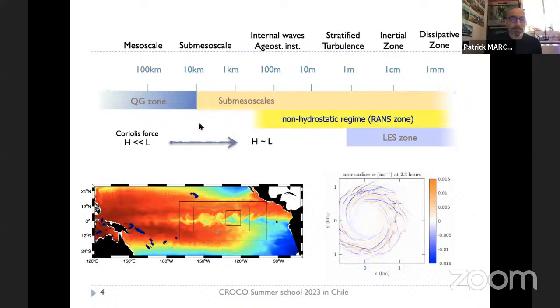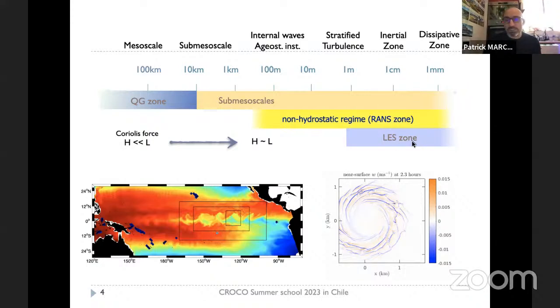So we start in the quasi-geostrophic zone where Coriolis force is important, and the horizontal scales are much larger than the vertical scales. And slowly we go towards scales where horizontal and vertical scales are very similar. And that's where the non-hydrostatic regime begins. It is about 100-meter scale and all the way down to the dissipation scales.